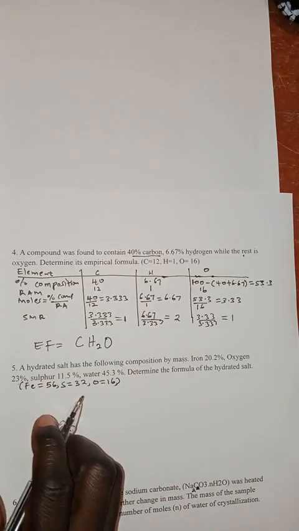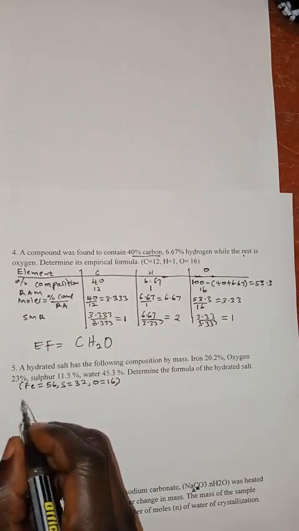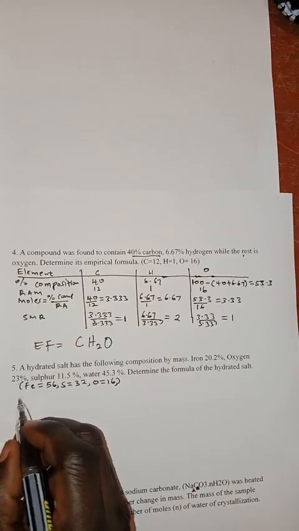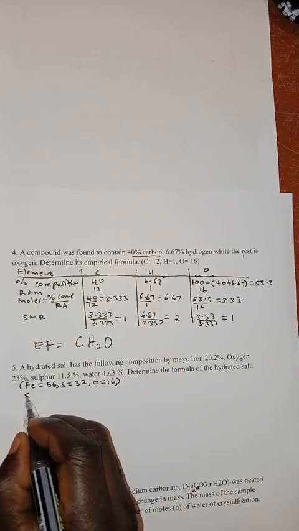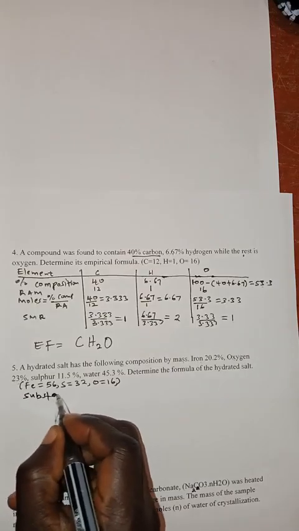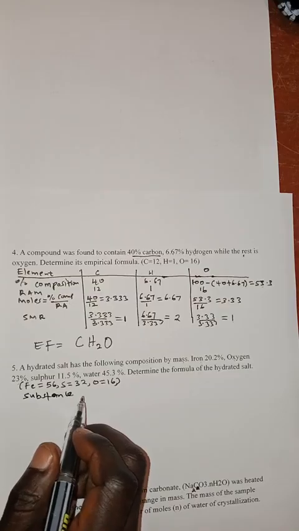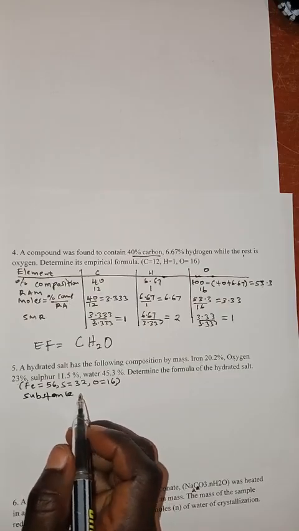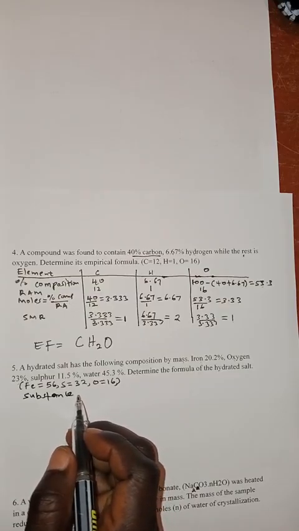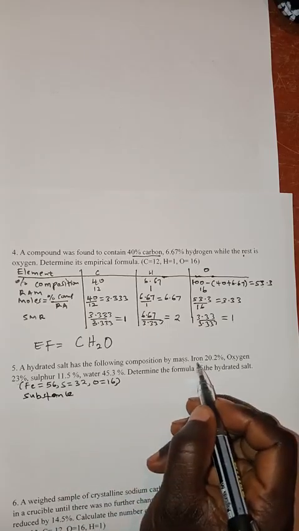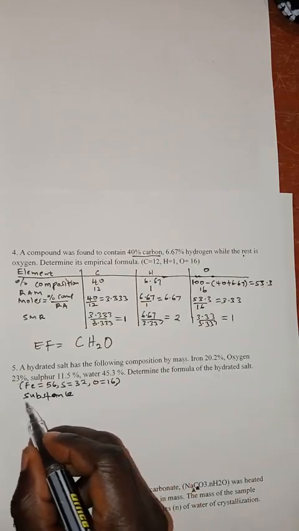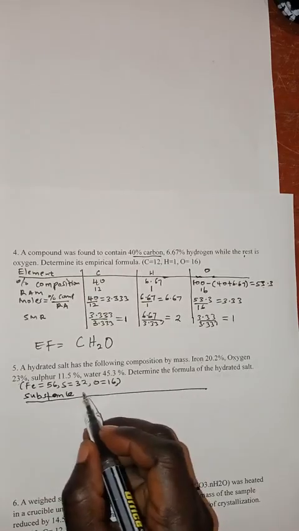So for this salt, we are going to begin by writing here the substance. We are using the word substance because this time round this substance could either be an element or a compound. So the first one is iron, and therefore we draw our table here.